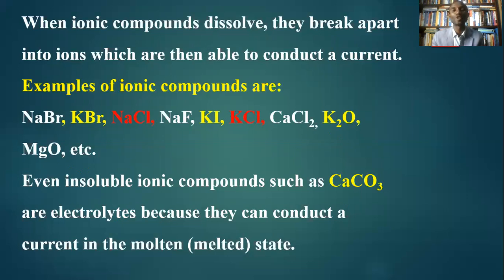Even the insoluble potassium trioxocarbonate(IV) we know is also an electrolyte, because when it's in molten form, it can conduct electricity. So ionic compounds are electrolytes. So as many ionic compounds as you can remember are electrolytes.